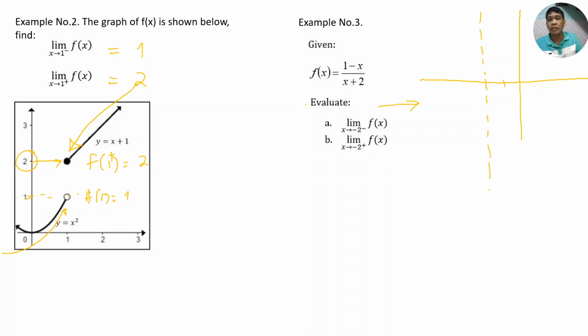Let's say negative 3. So, if x is negative 3, substitute natin, f of negative 3 is equal to 1 minus negative 3, that's 1 plus 3, all over negative 3 plus 2. Negative 3 plus 2 is negative 1. So, ang value na makukuha natin ay negative. So, ibig sabihin, habang lumalapit tayo kay negative 2, ang value natin ay nagiging more negative up to negative infinity.